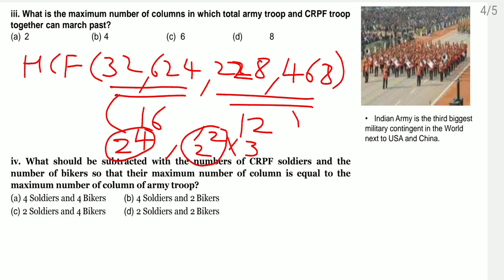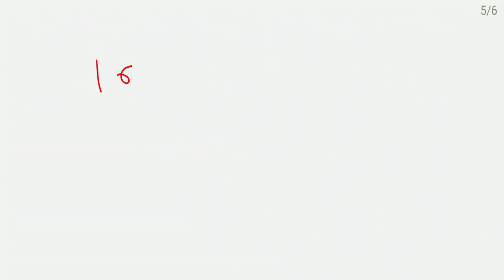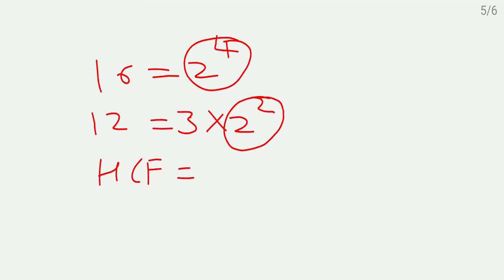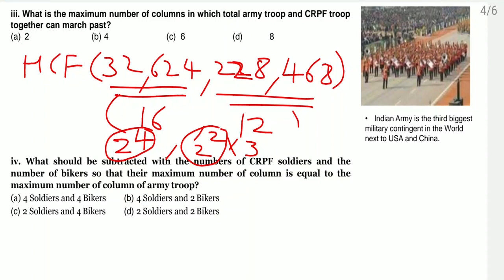To get the HCF, what do we actually do? We see the common primes, and out of these two, who is having the least power? 2 square. So our HCF comes as 4. So option B is the correct one.